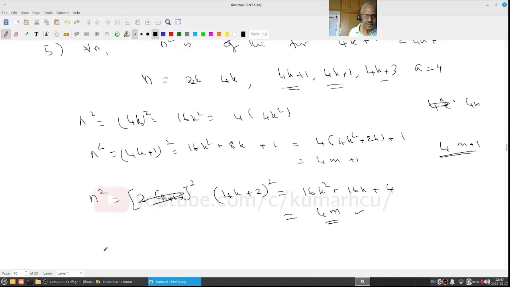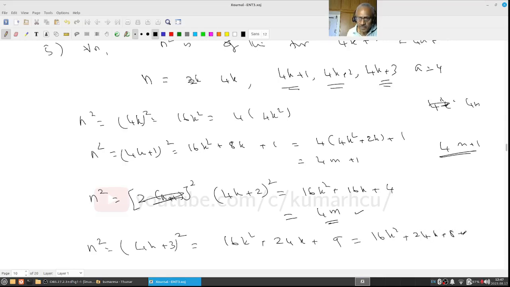And suppose n is of the form 4k plus 3. So again 16k squared plus 24k, right? And plus 9, therefore that I can write as 16k squared plus 24k plus 8 plus 1.